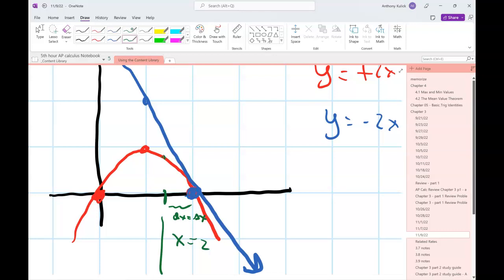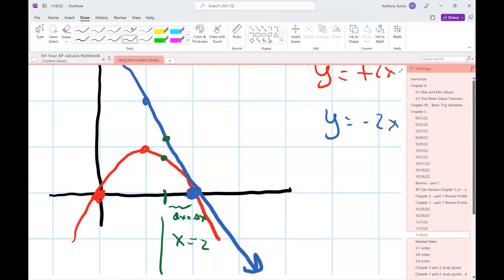Okay. This spot is my point on dy. And then this would be my approximation using my tangent line. So everybody's still okay?